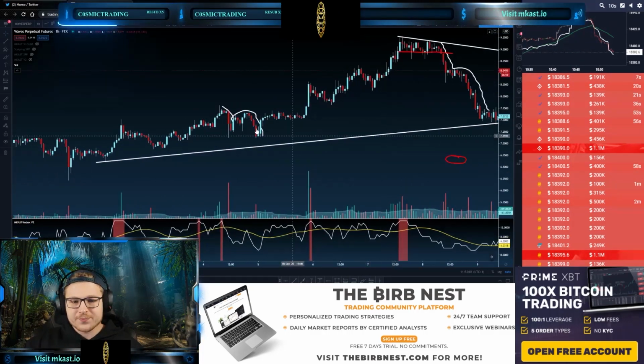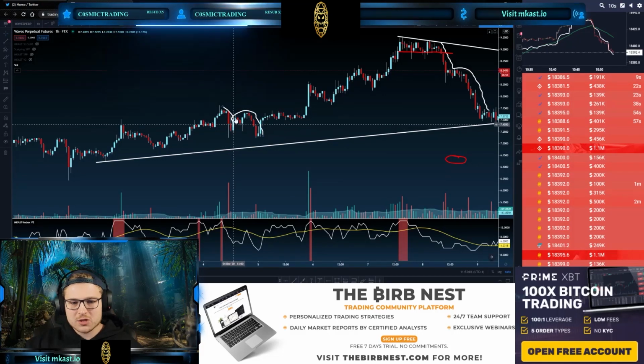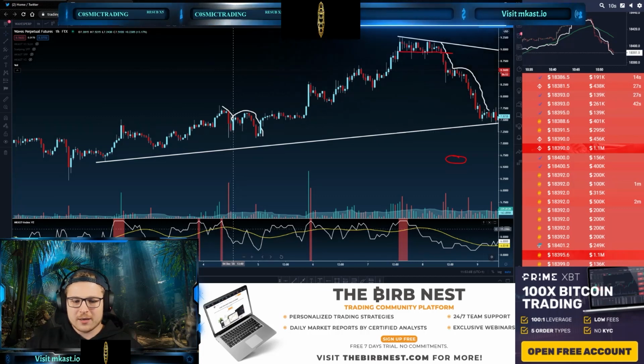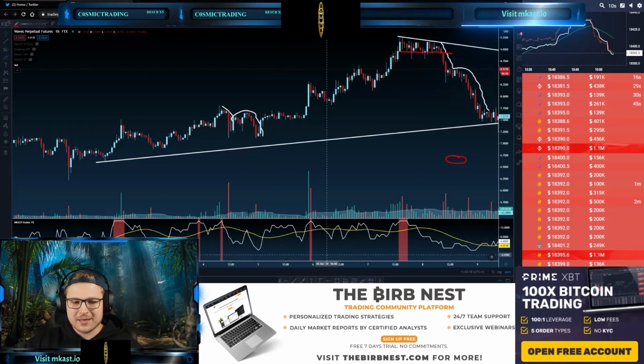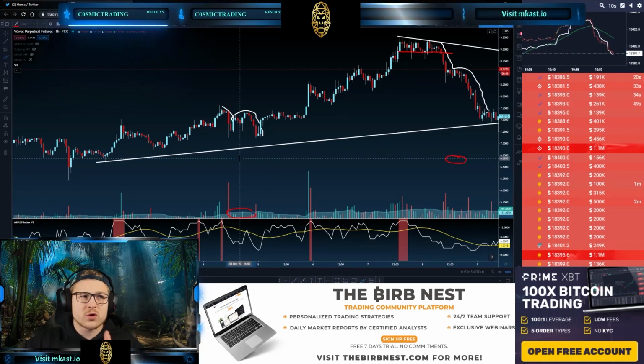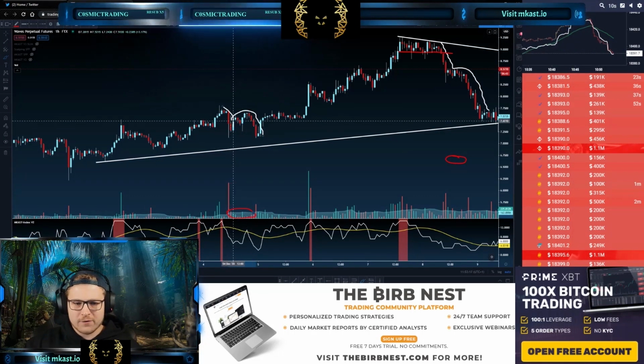Okay, now this right here is also an arc pattern. You have the nuke, and then you have the recovery, but once again the recovery has no volume. Volume is very important in this entire thing.